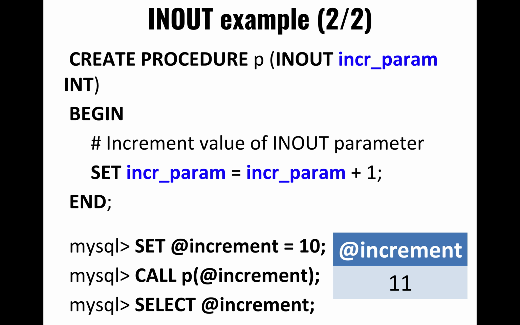If I pass in a variable equal to 10, since it's in-out, inside I am modifying and incrementing it by 1. Later on, outside of the stored procedure, I can see the side effect: my increment variable has gone to 11, so the change actually occurred.